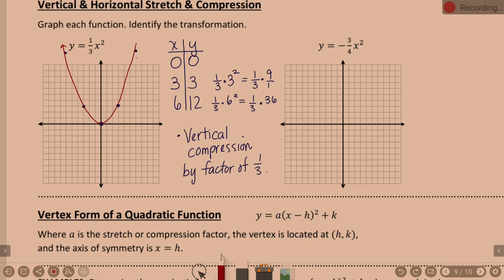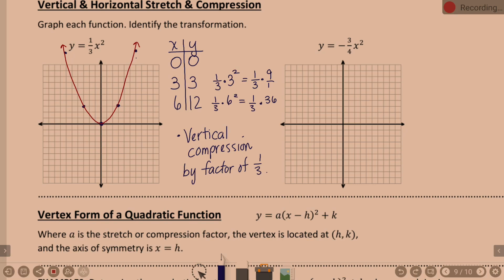So, easiest way I can teach this is to just think about a couple of x values. There are some other ways I could teach it, but that's easiest for me. Questions there? Okay, let's try the next one.